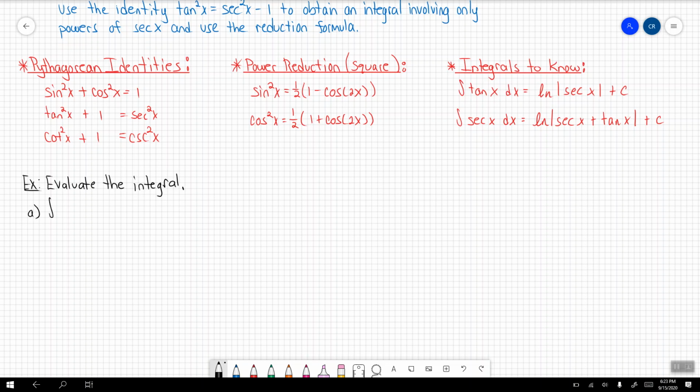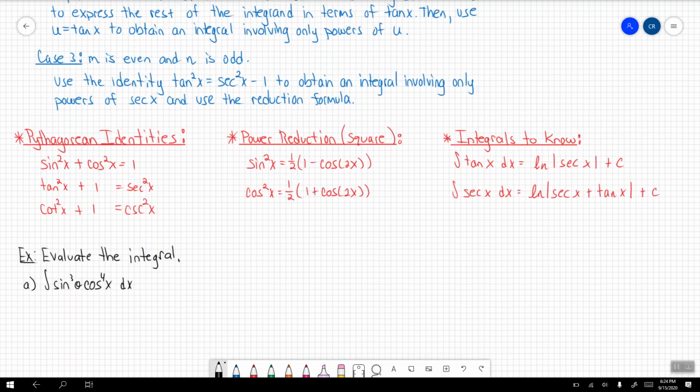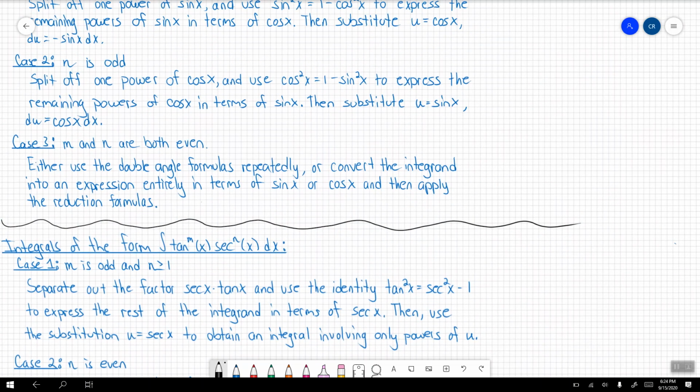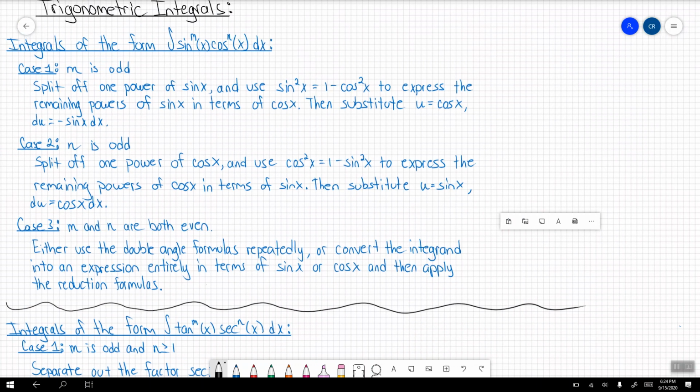So on this integral, I want to integrate sine cubed of theta multiplied by cosine to the power of 4 of theta, d theta. Now, if you look all the way from the very beginning, we then go through these different cases.